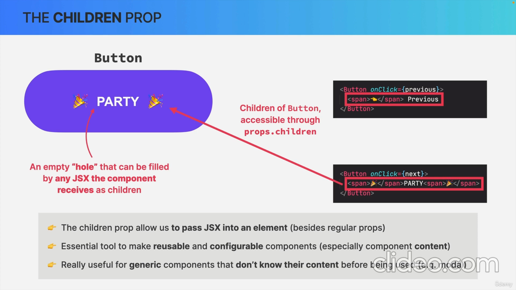Like, for example, a modal window, a generic slider, or simply a generic button like the one that we just built. This button component had absolutely no idea about the content that it was receiving, and therefore about the content that it was displaying. So this is really amazing to create generic and reusable components.